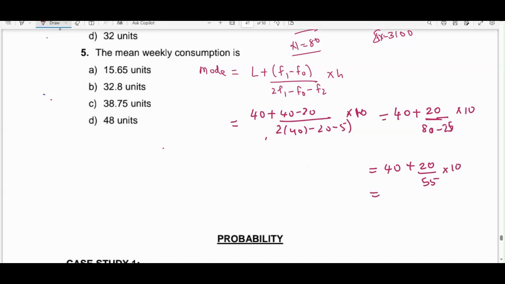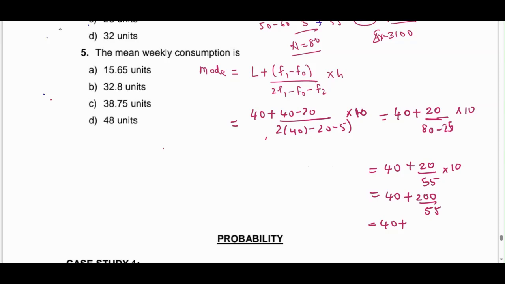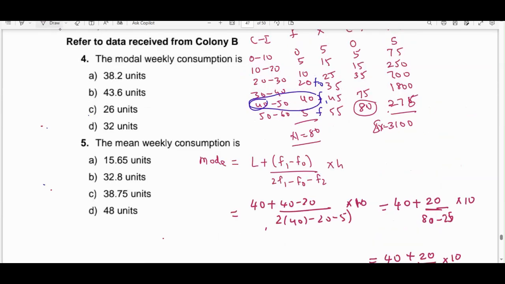So we can write it as 40 plus 200 divided by 55. When you divide this, 200 by 55 will be 3.64. So when you add, you get 43.64. The modal consumption will be 43.64. That is nothing but option B.